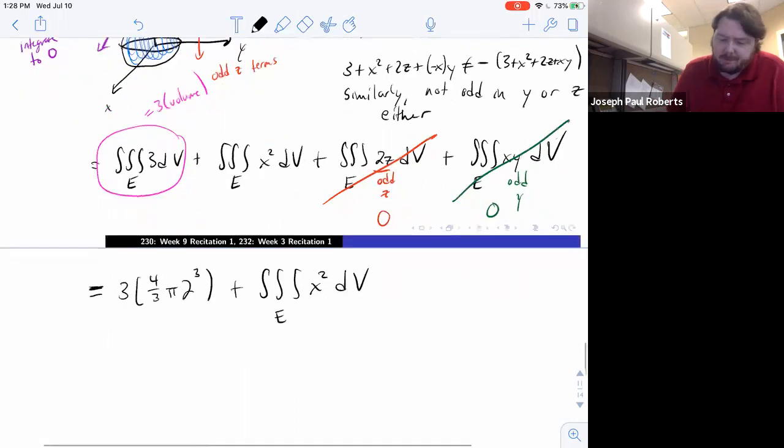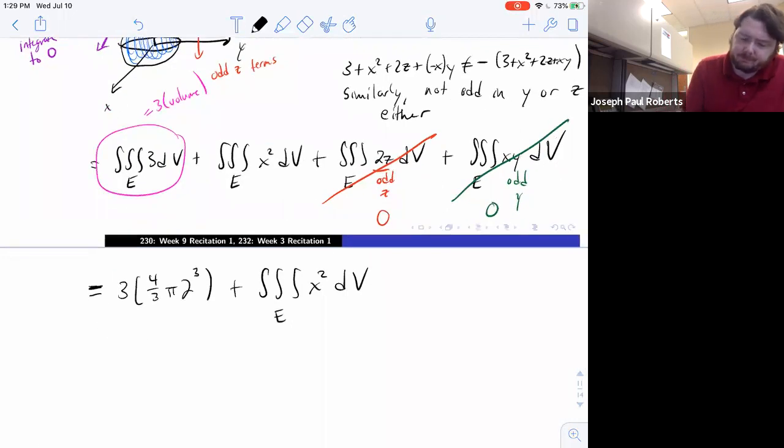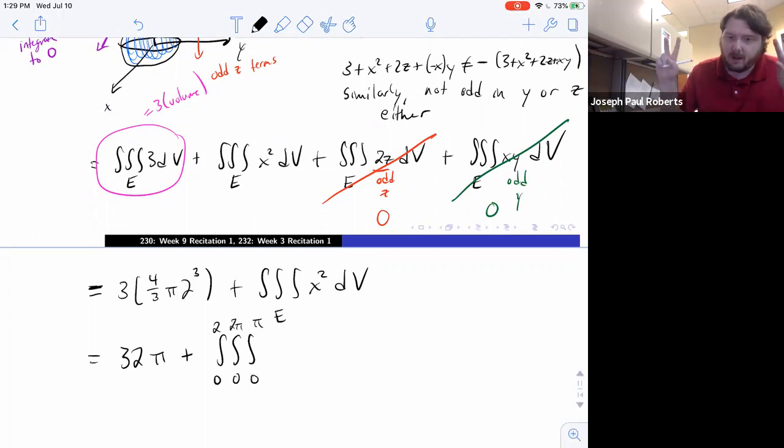But what do you know? So what is this? 4 times this, so 32 pi, plus, for this ball, 0 to 2 is the radius, 0 to 2 pi, 0 to pi, so all angles. X squared is rho cosine theta sine phi squared, and then dV is rho squared sine phi d phi d theta d rho.